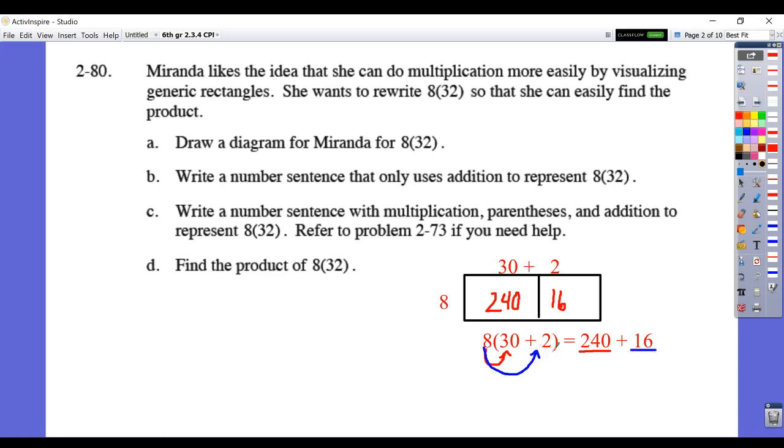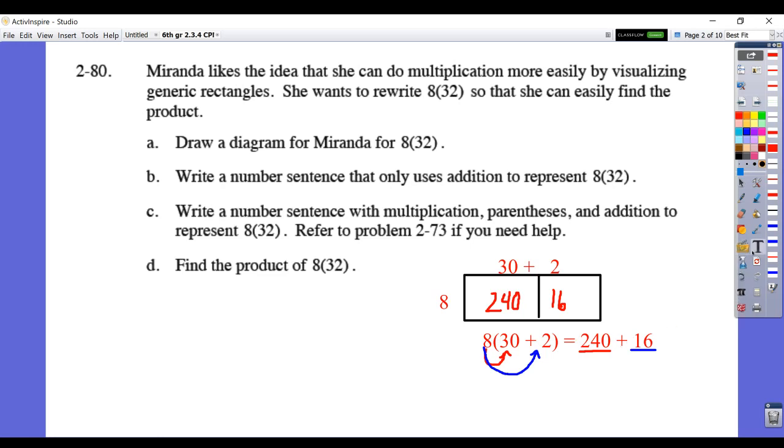So that in a nutshell is the idea of the distributive property, that the number in front of the parentheses, again, there's no other operation, so we're multiplying, is going to be distributed to everything inside the parentheses. It's going to be multiplied by each of the values inside the parentheses. So the 8 gets distributed to the 30, 8 times 30 is 240. The 8 gets distributed to the 2, 8 times 2 is 16.